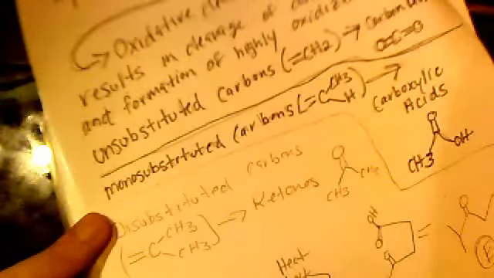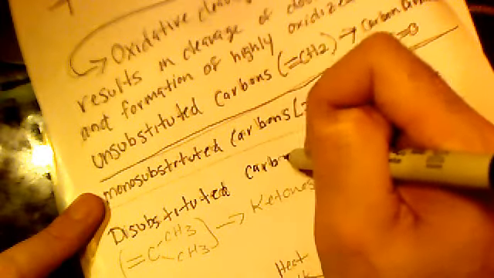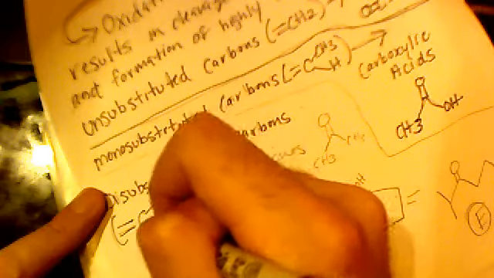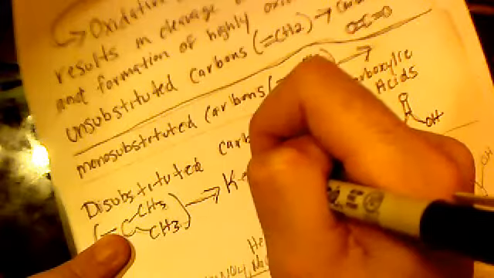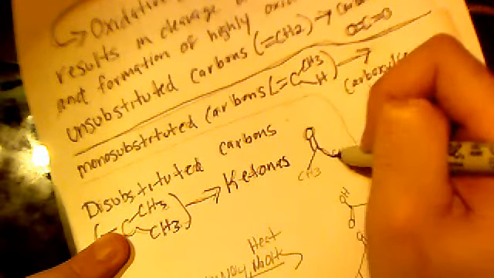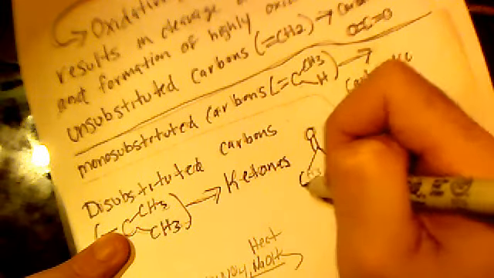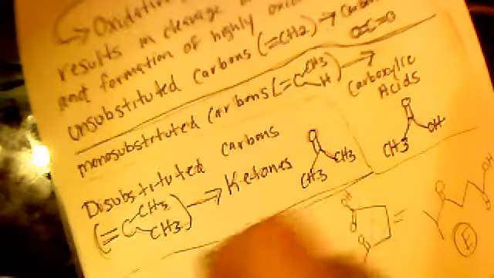And then finally, disubstituted carbons. Those are double bonded carbons that are also bonded to two other carbons, become ketones. Right?